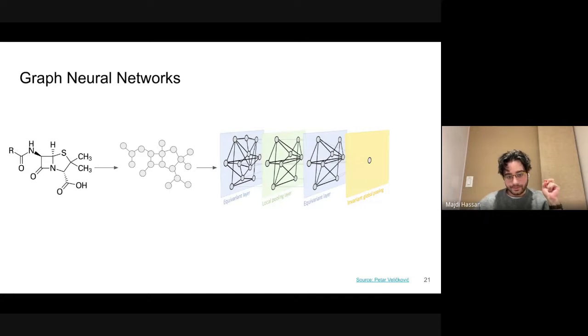I just want to point out that before graph neural networks became more popular, I think since 2016, 2017, and still to this day, a very commonly used method was to pre-compute physicochemical properties of the molecules using computational tools and methods.